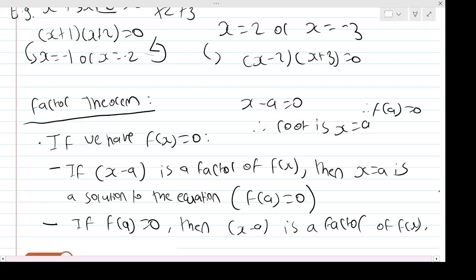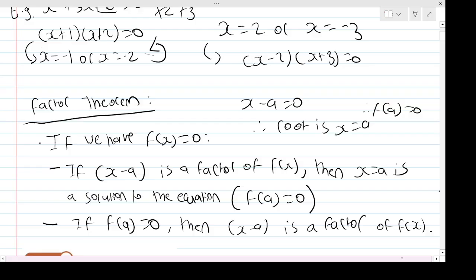So it's maybe an obvious result. I'd imagine we implicitly used the factor theorem already when we solved all sorts of polynomials and quadratics. When we solve by factorising, we're implicitly using the factor theorem to get a solution.